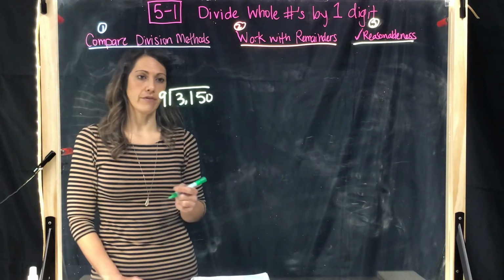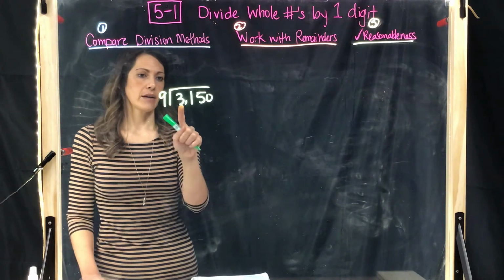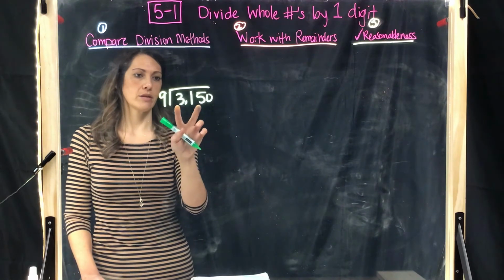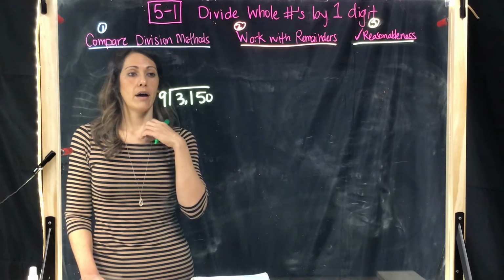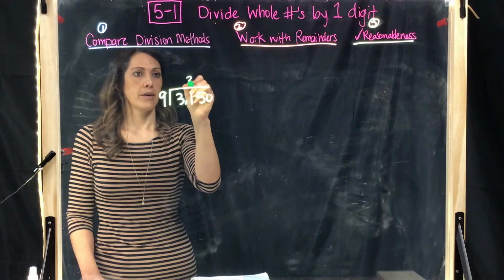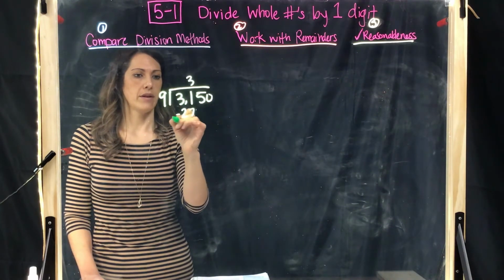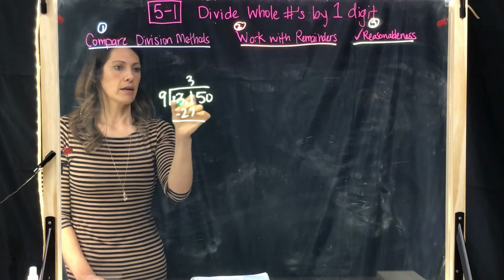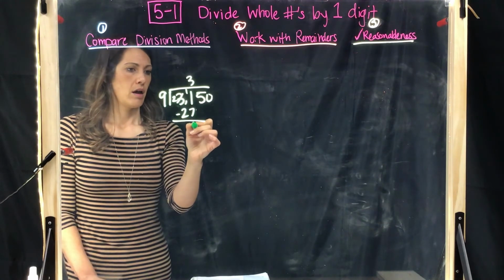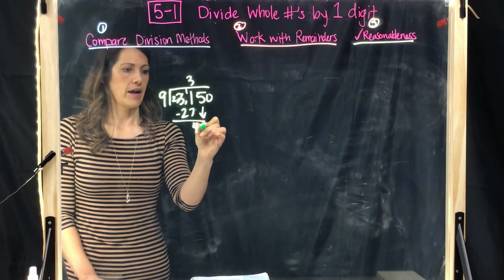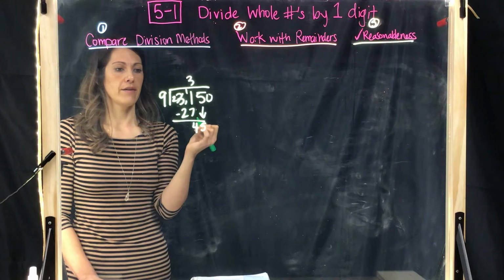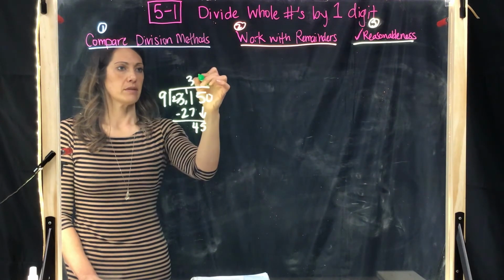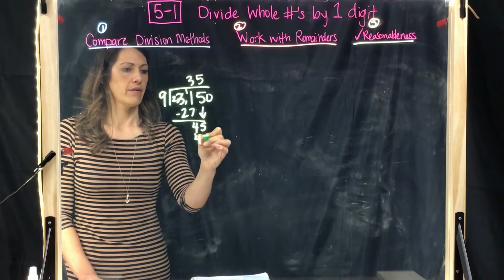So I'm going to solve using digit by digit. 9 goes into 31 3 times, because 9 times 3 is 27. I will subtract, bring down my 5. 9 goes into 45 5 times. 9 times 5 is 45.